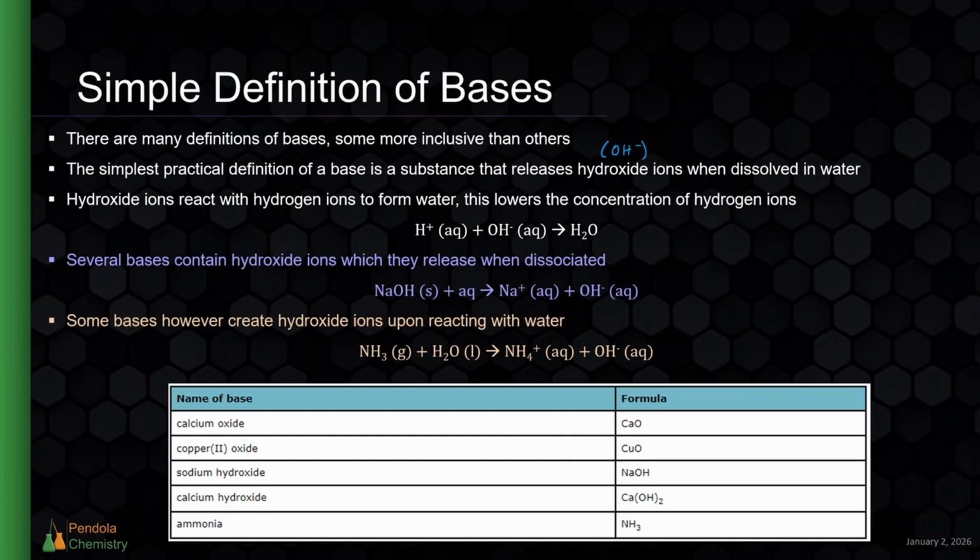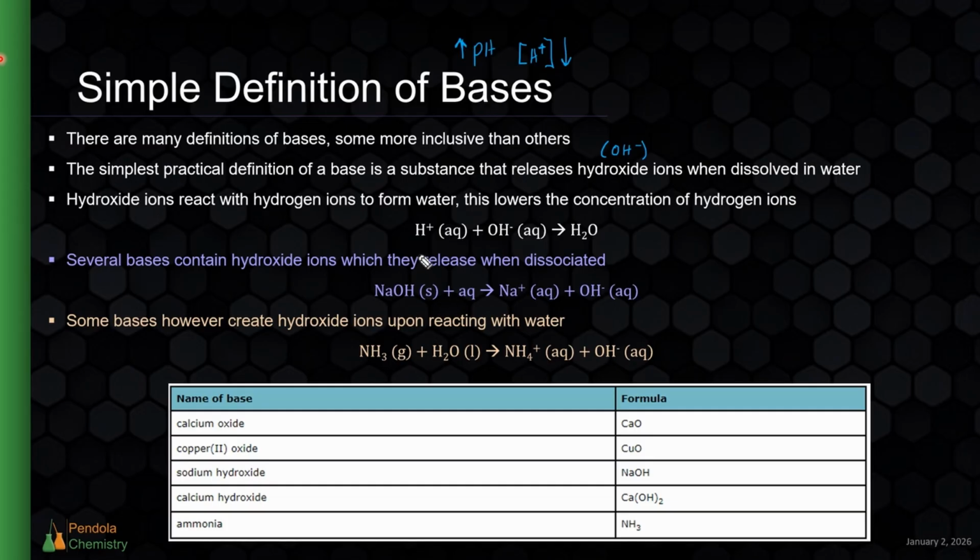Hydroxide ions react with hydrogen ions in the water to lower their concentration. So one of the things that we said about pH is that bases are going to have a high pH because their hydrogen ion concentration is low. Well, why does that happen? Why is the hydrogen ion concentration of our base low and its pH high if they don't have hydrogen ions?